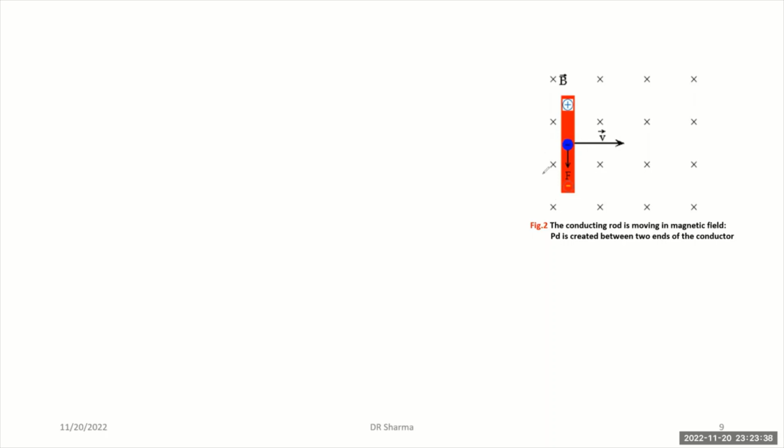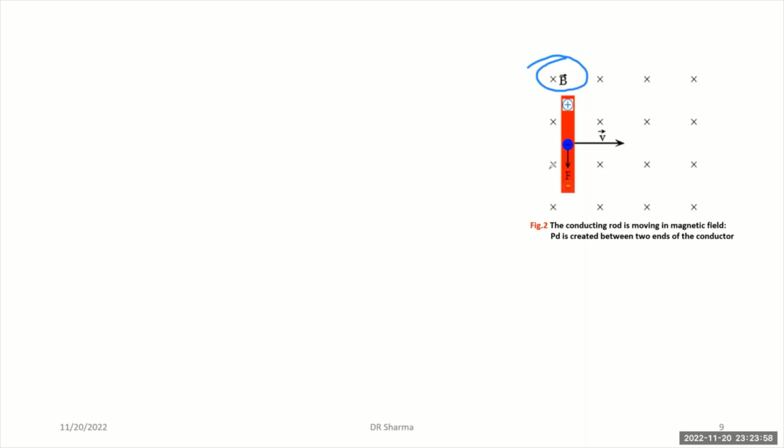The potential difference created for a given magnetic field strength is maximum in this condition of equilibrium, and that potential difference is called the motional EMF. Remember that.